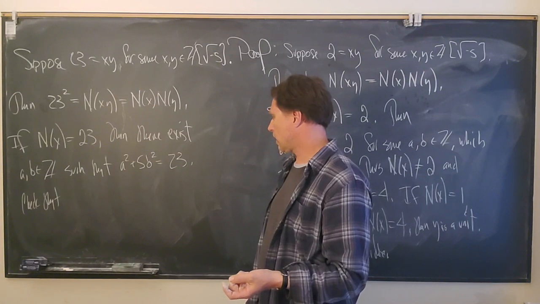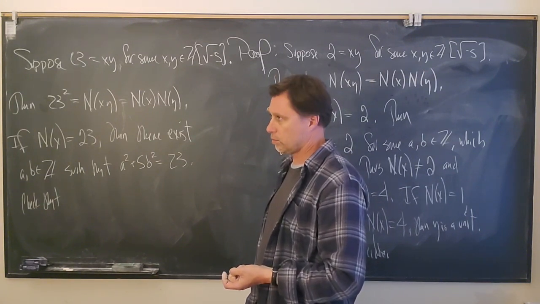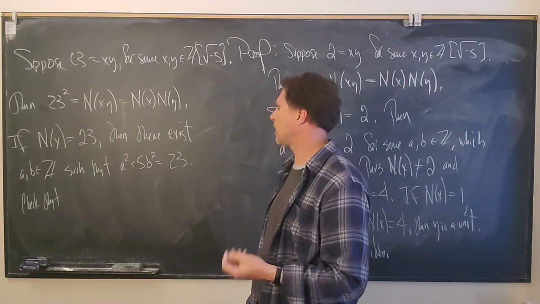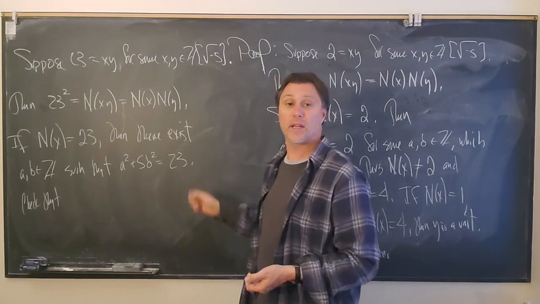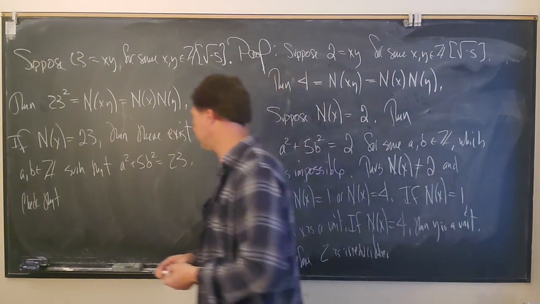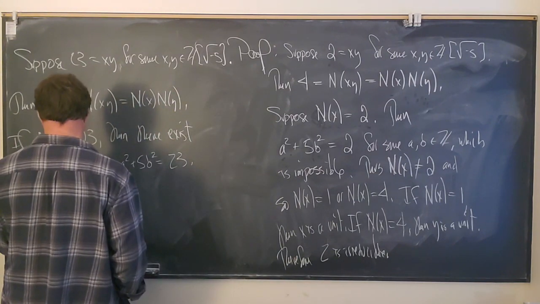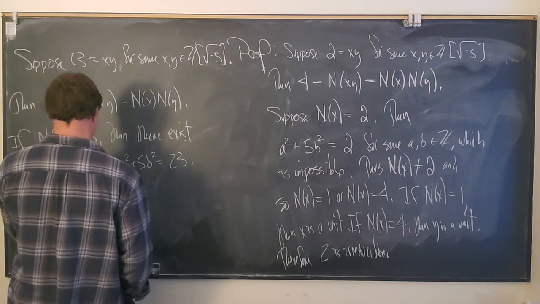B can be 1 or 2. If it's 3, we get 45. So 1 or 2. And so you just mix and match those and verify that you never get 23. So let's check that none exist.